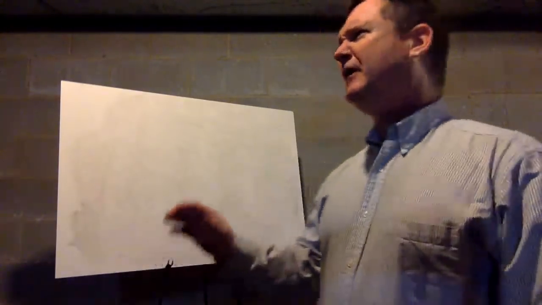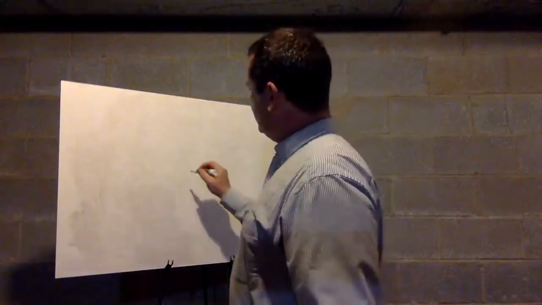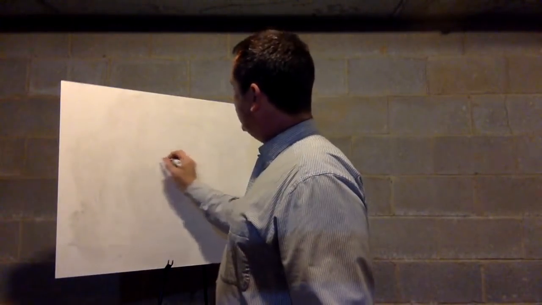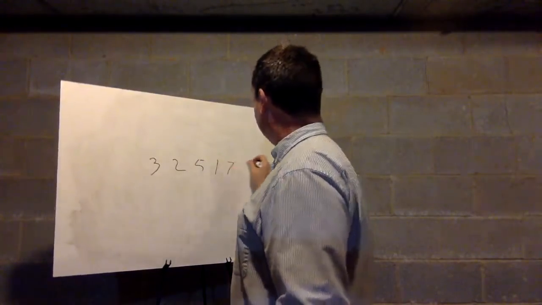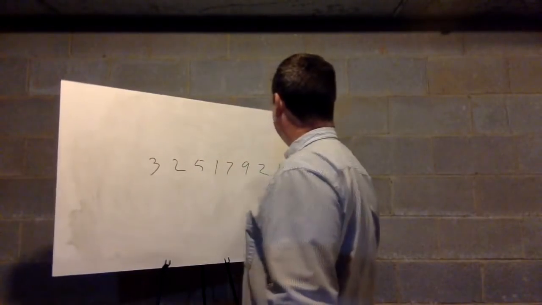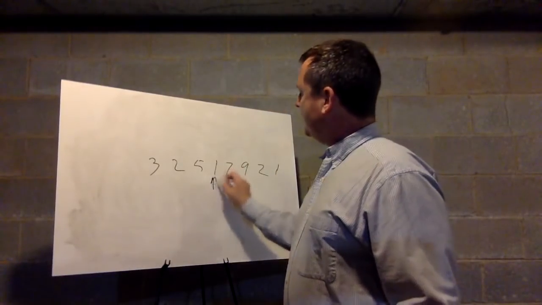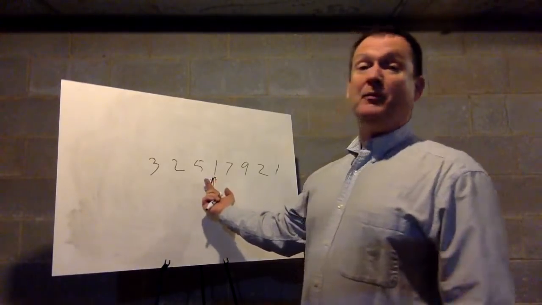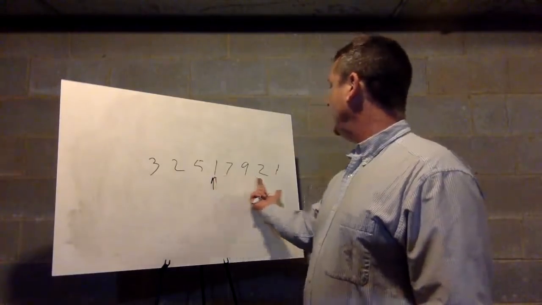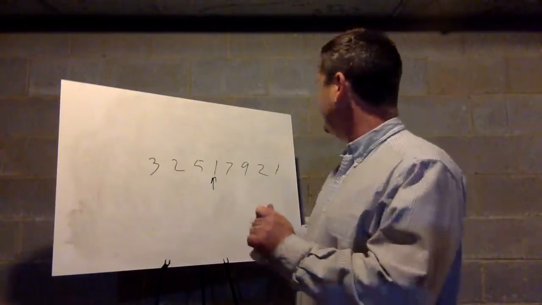I don't know if this is what you're asking, but we had two algorithms that looked in a particular direction. If we had a reference string, make up 3, 2, 5, 1, 7, 9, 2, 1, and let's say we page fault and we need to bring in page number 1. The optimal algorithm says to look ahead to pick the page that won't be needed for the longest amount of time in the future.